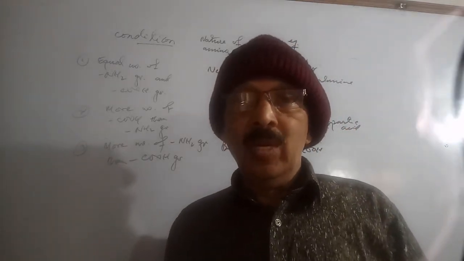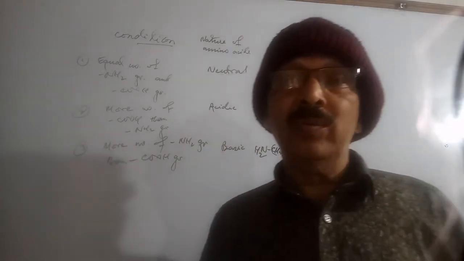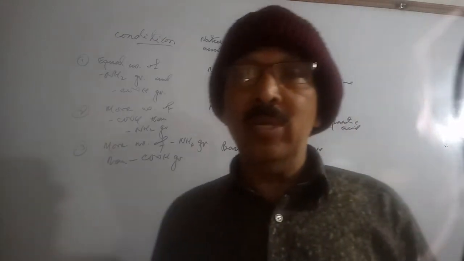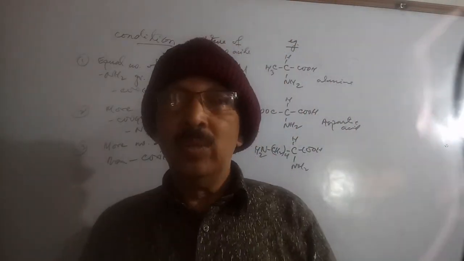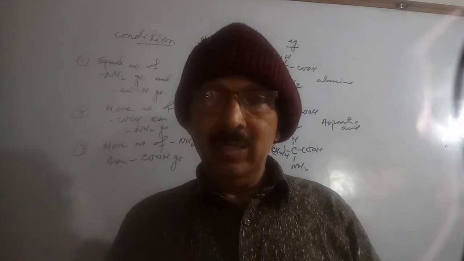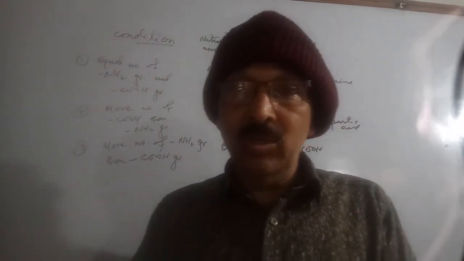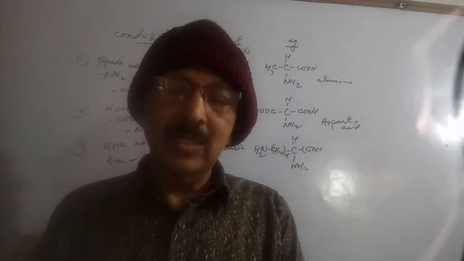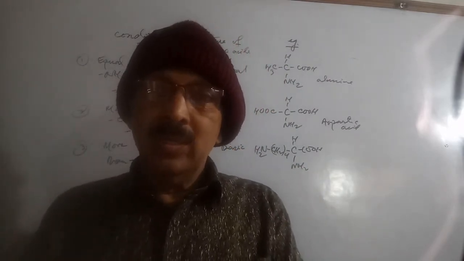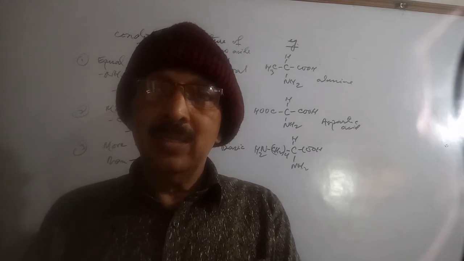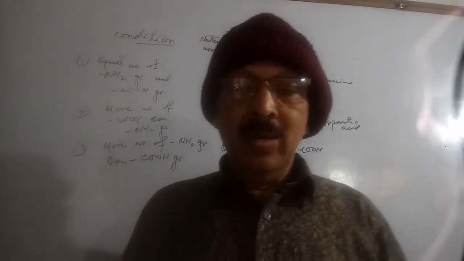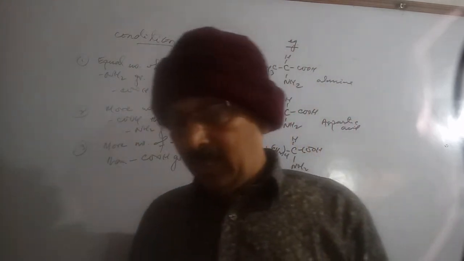So, based on the relative numbers of amino groups and carboxylic groups present in a molecule, alpha amino acids can be classified as neutral, acidic and basic. The other classification is essential and non-essential.